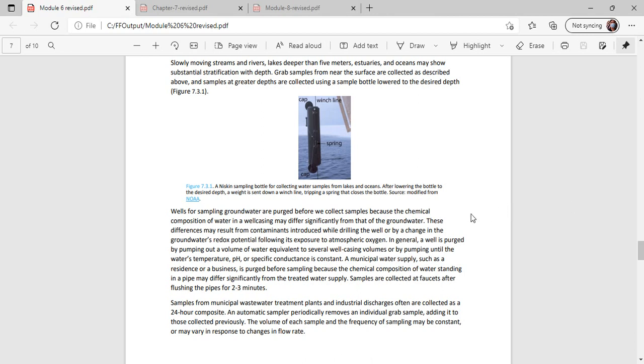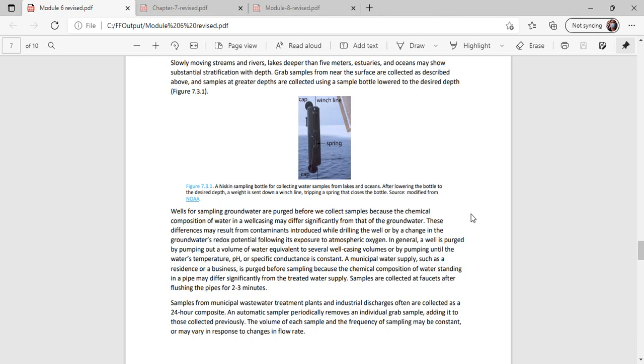Okay, so well, from a sample, groundwater is purged before we collect samples because the chemical composition of the water in a well casing may differ significantly from your underground water. This difference may result from contaminants introduced while drilling the well or by the change sa aton nga groundwater redox potential following its exposure to atmospheric nga oxygen.